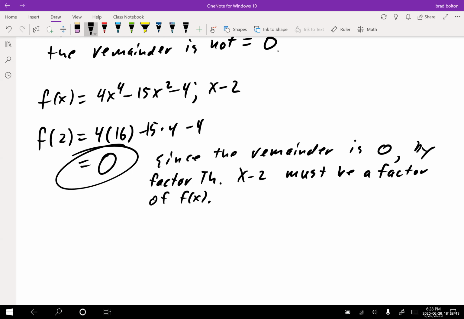So if somebody just wants to know if something is a factor, then when you're dealing with polynomials, all you have to do is plug in whatever they want to find out the factor is, when you solve it equal to 0. And if you get 0 as the remainder, it's a factor. If you don't get 0 as a remainder, it's not a factor. That's what the factor theorem tells us, okay?